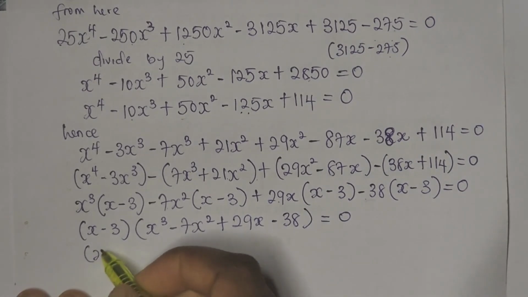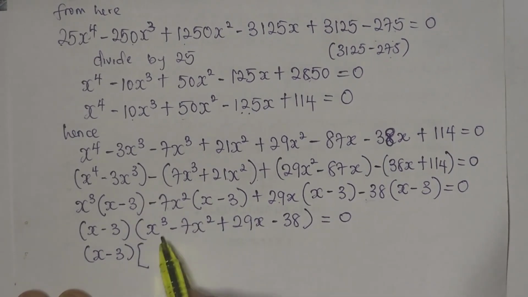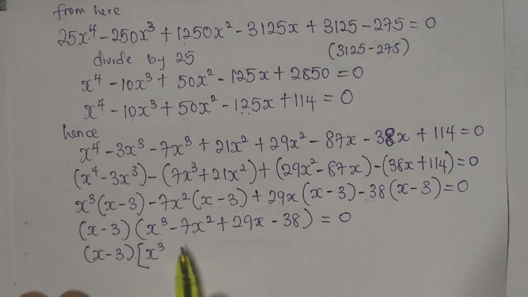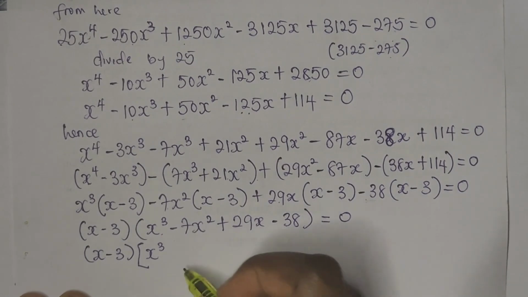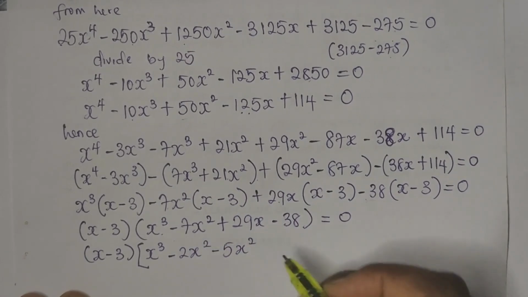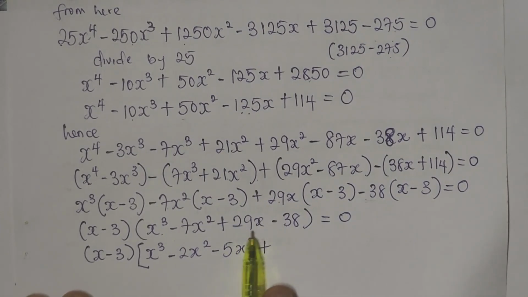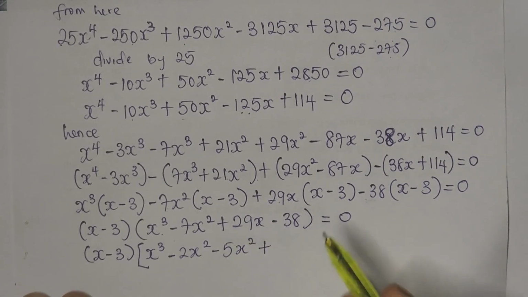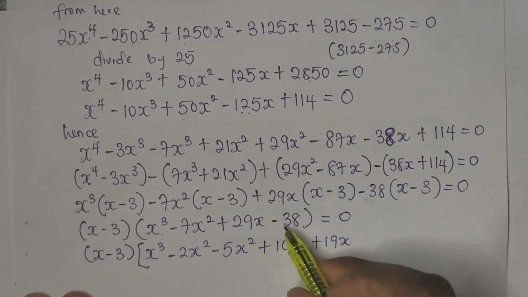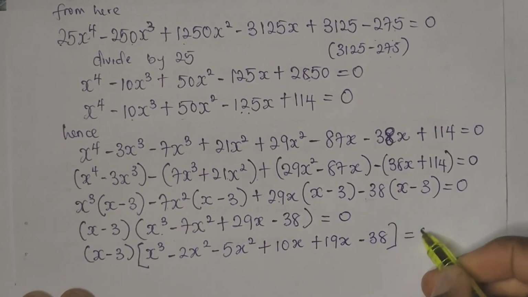So let's have x minus 3. We can write this as x to the power of 3. Splitting this minus 7 into 2, we have minus 2x squared minus 5x squared, plus splitting the 29 into 2, we have 10x plus 19x, and we have minus 38, all equal to 0.